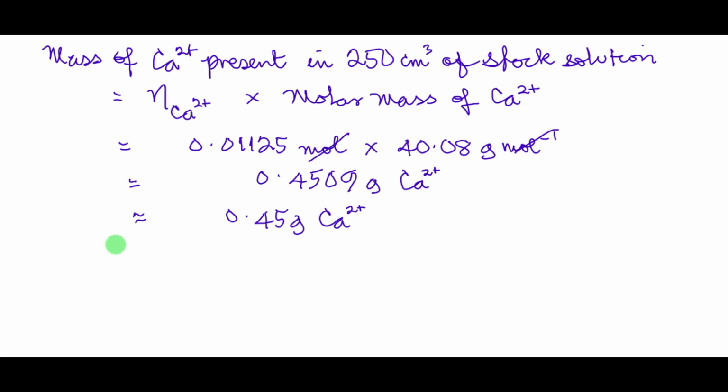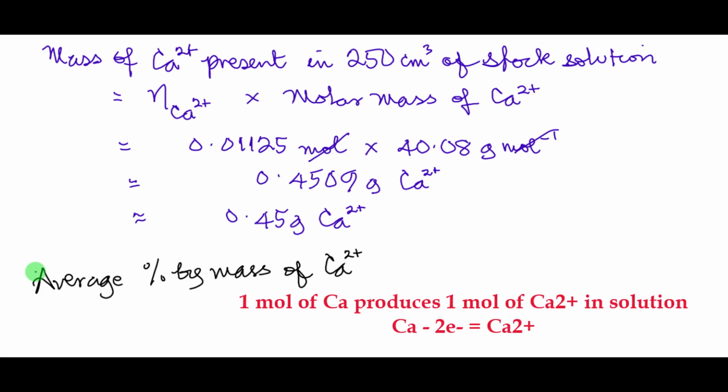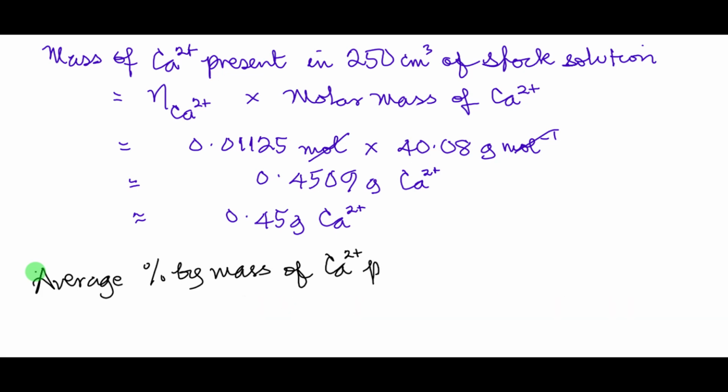So from here now, next is to calculate the average percentage by mass of the calcium present in the human tooth. When you say calcium ion, it's the same thing as calcium present in the human tooth.